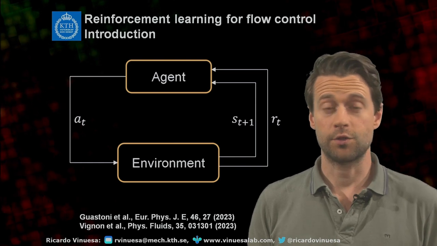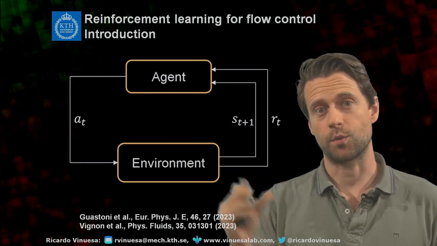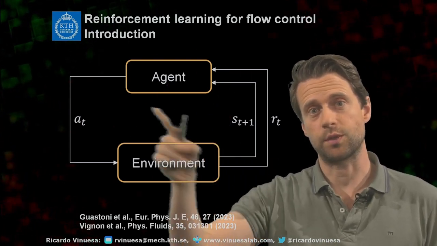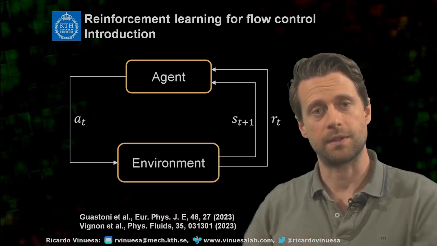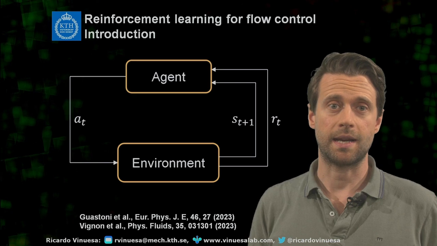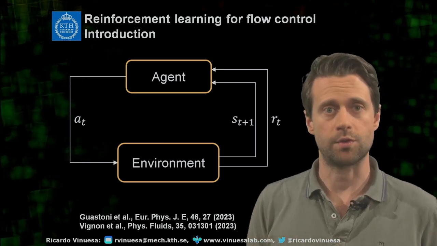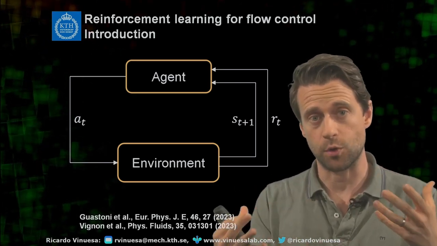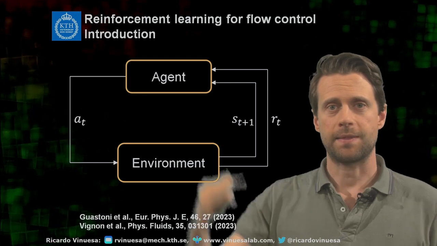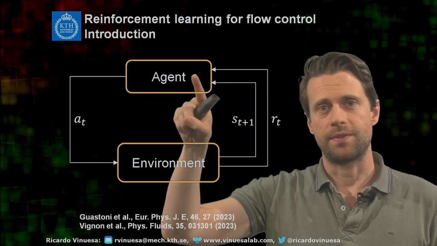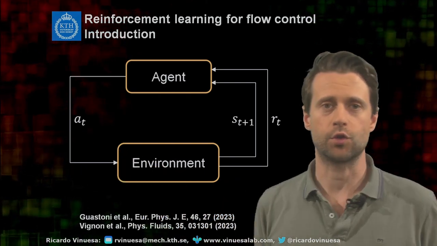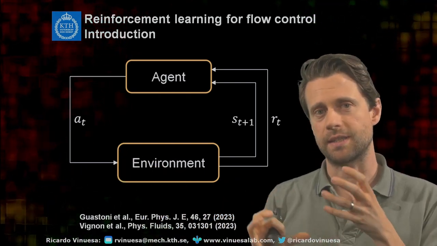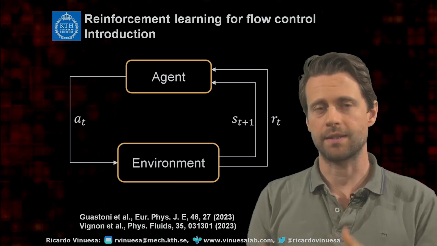In reinforcement learning, you basically have a setup like this one, where an agent, in our case the neural network, is interacting with an environment, and the environment in our example will be a CFD setup, so a numerical simulation of a particular flow that we want to control. This interaction is done in different ways. The agent applies actions to the environment, and those actions are different types of control that can be applied.